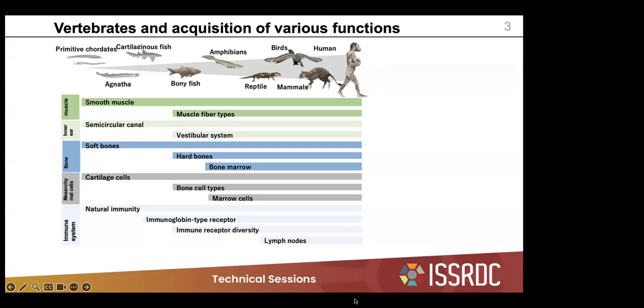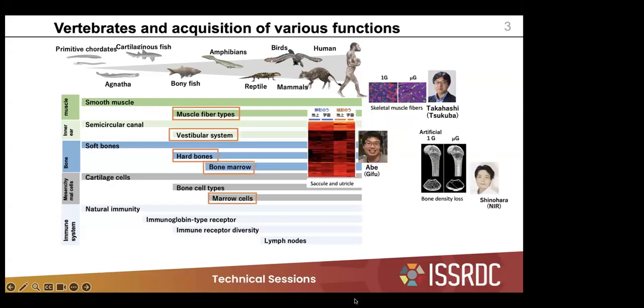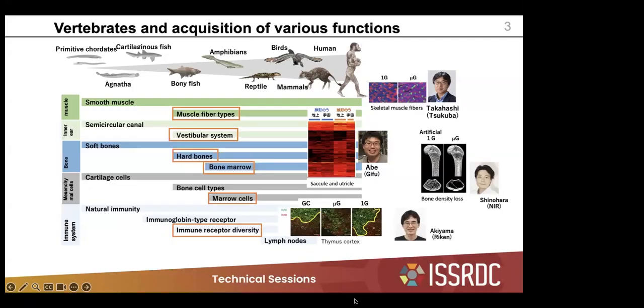This slide shows how vertebrates acquired different functions during evolution and which of them are affected in space. Basic systems like smooth muscle, cartilage, and natural immunity were maintained, but in space, more specialized functions such as muscle fiber types, vestibular system, hard bones and bone marrow, as well as immune receptor diversity were particularly affected.